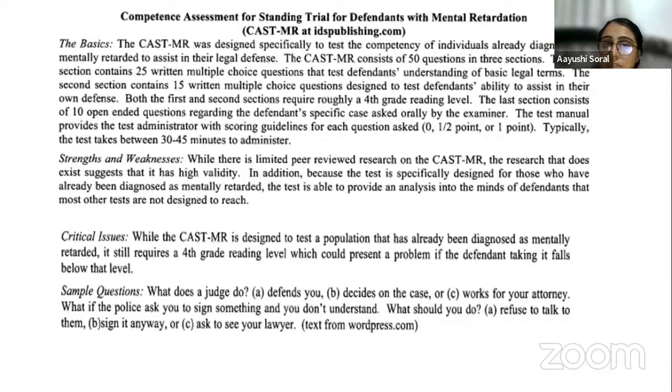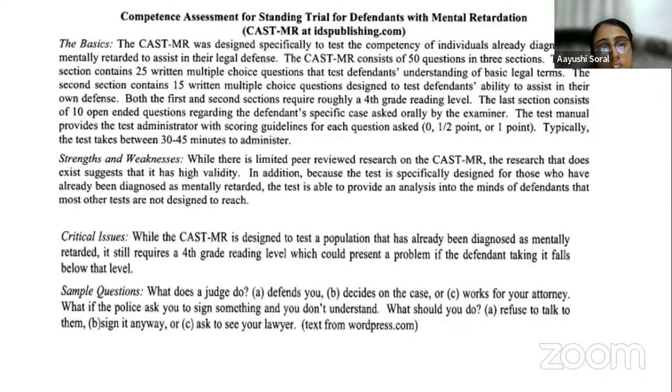The first section contains 25 MCQs about basic legal terms, testing what the convict can understand from these terms. These are 25 MCQ-based questions asking about certain major legal terms.